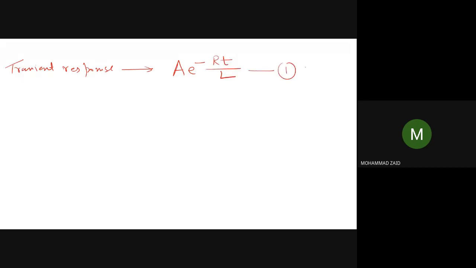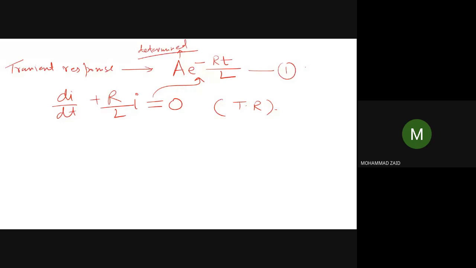But if you want to solve through the differential equation, you can also write di by dt plus R by L i is equal to 0 for transient response. So you will get a similar equation where A needs to be determined.